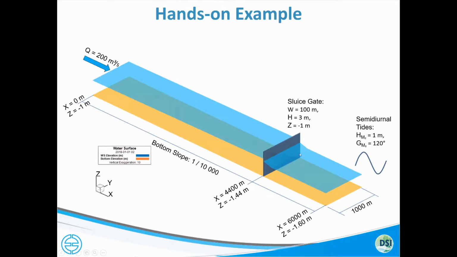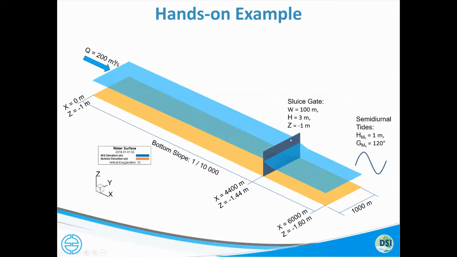Downstream of this flow obstruction, there is a tidally influenced region that is changing with this semi-diurnal tide with an amplitude of 1 meter. That's affecting the water surface downstream. So you have this upstream flow and then this tidally influenced downstream.